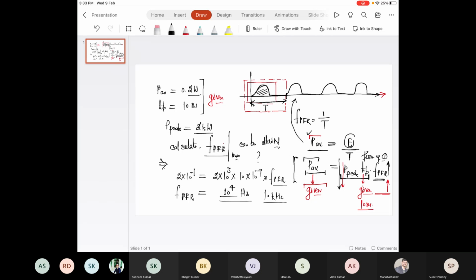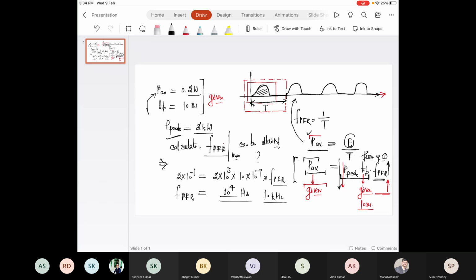Similarly, different combinations can be given. Let's say if peak power is fixed, some 2 kilowatt, calculate P average. It comes out to be 0.2 watt. What is the physical interpretation of these values which we are putting over here?